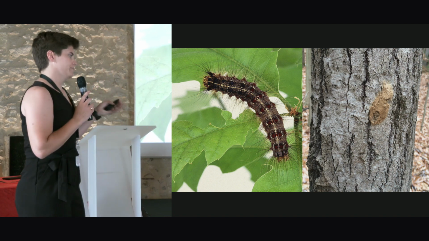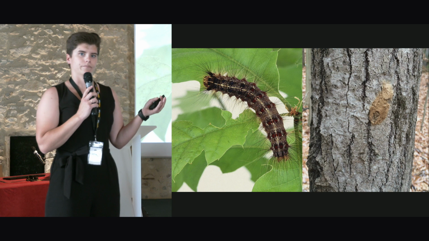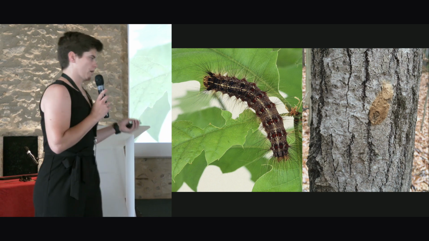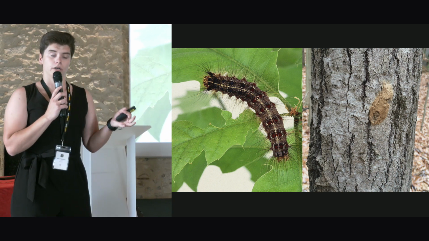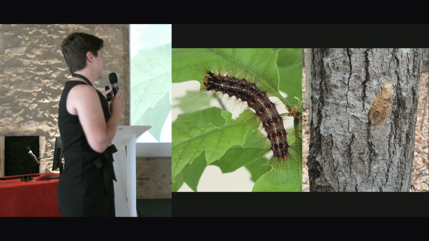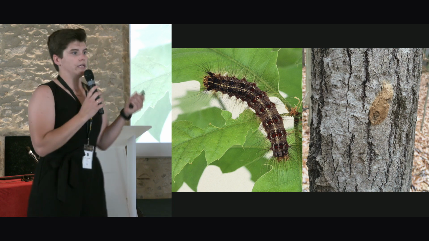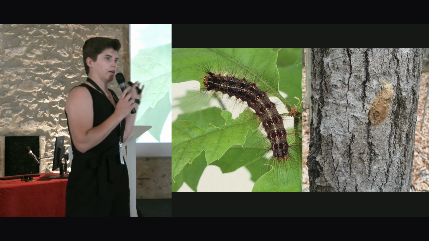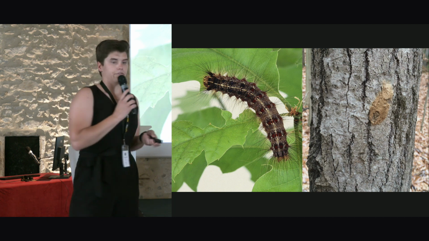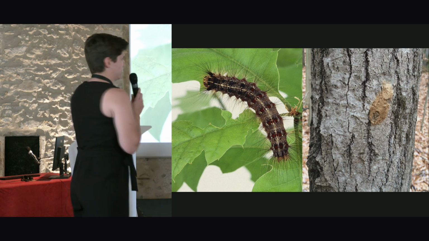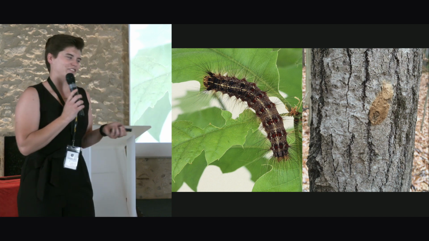So one reason that this has become an issue this past spring, and as well as coming into the summer, is that Lymantria dispar, the spongy moth, defoliates trees. The image you see on your left is of this spongy moth.